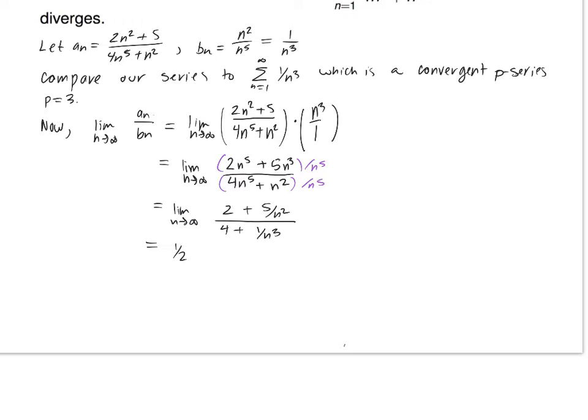Okay, so to make a conclusion, by the limit comparison test, what does the series, well, we have two series here, so here's a shortcut. Say sum n equals 1 to infinity of a sub n. What does that do?